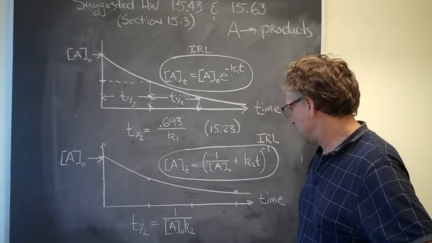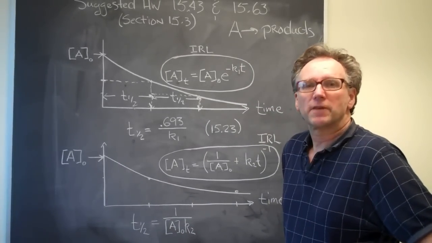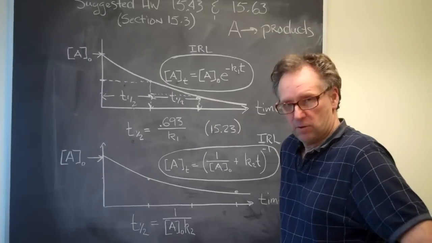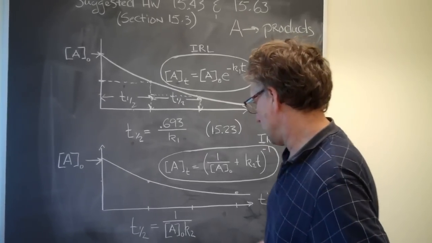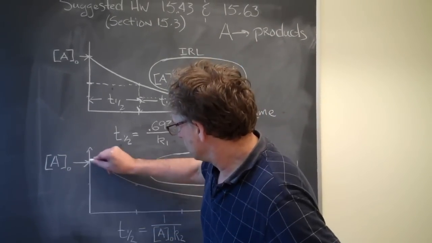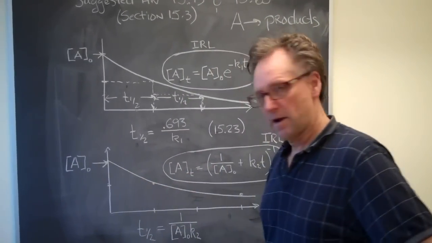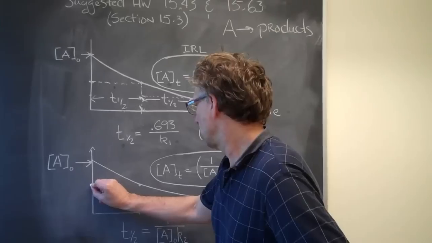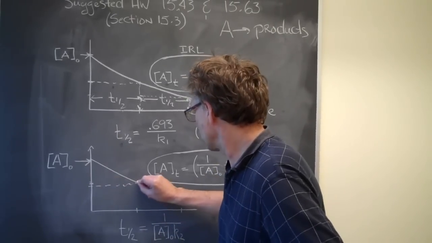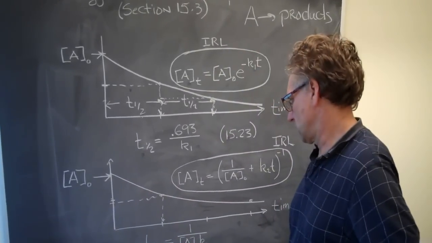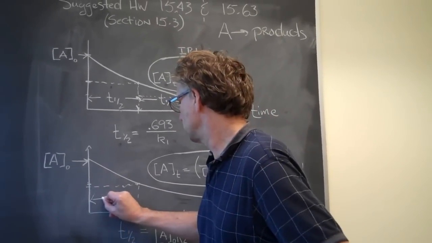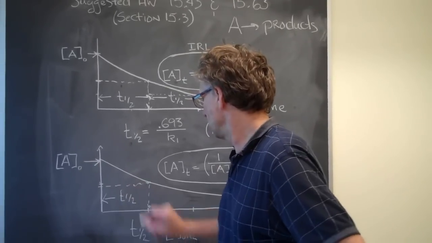Let's see if we can piece together just graphically what the half-life looks like in this case. How do we do that? Well, I'm going to once again go to half the initial concentration and draw a horizontal line. And there we go. There's the half-life. There's the first half-life.